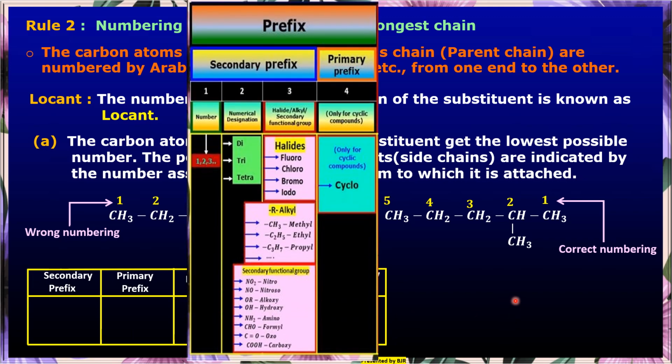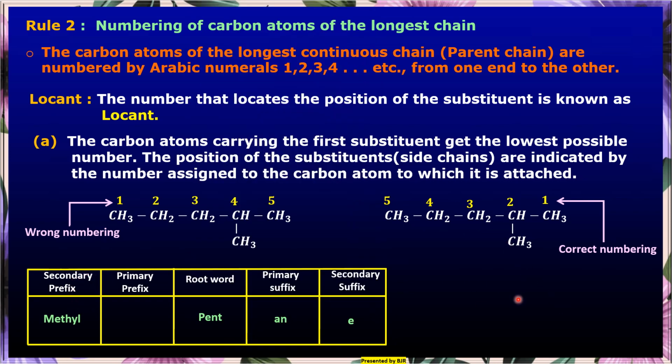Next, the primary prefix won't come because these carbon atoms are not forming a ring-like structure. It is a straight chain only, open chain only, not closed one. So we will not use this primary prefix, we ignore this. Next, secondary prefix. Here one methyl CH3 group is attached, so the secondary prefix is methyl.